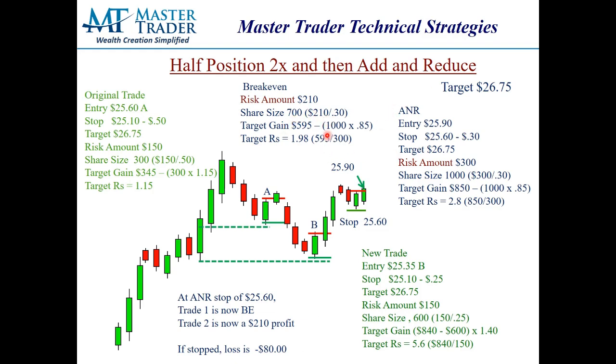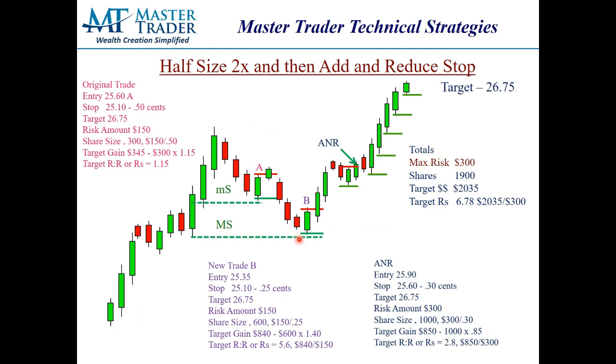My 700 shares, not 1,000 shares. My 700 shares would give me a $595 gain, or 1.98 R on my $300. So here is my trade with my $300 additional risk here. There's my trade, 1,000 shares, $850 gain on that, 2.8 R.